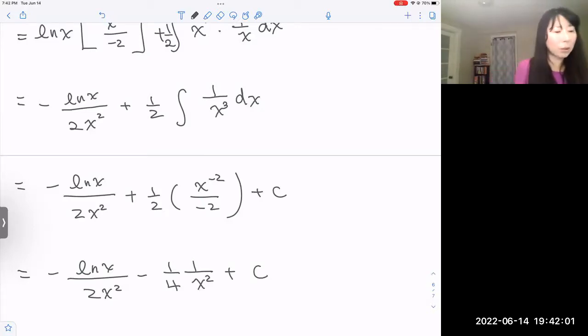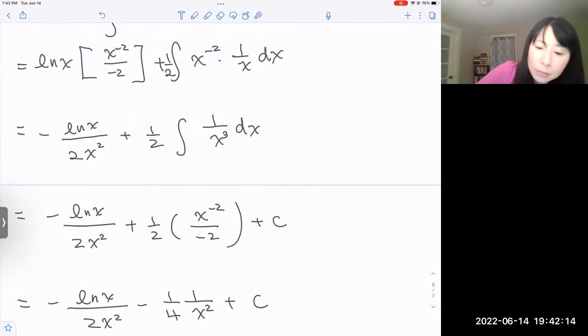Let me pause a little bit. Miss Lim, why 1 over x to the cubic? Why the 3? What is the 3? Here? You meant here, right? Yes.